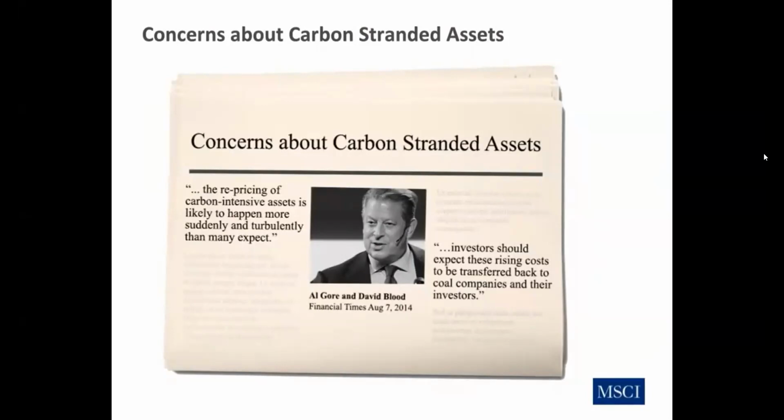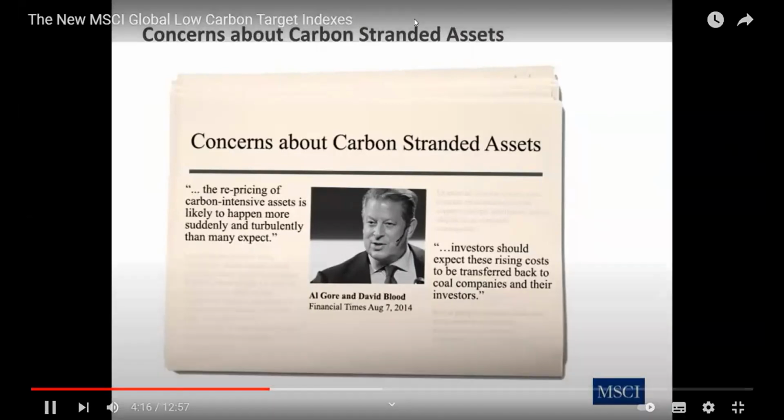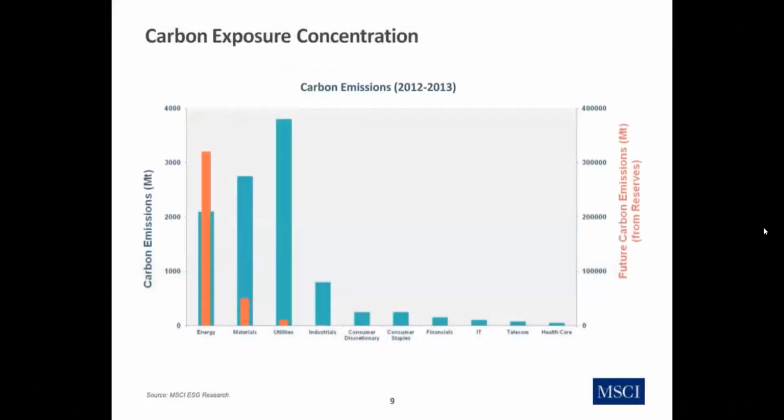Indeed, for these reasons, investors are becoming increasingly concerned about the long-term carbon risk of assets in individual companies, and are seeking solutions to address this risk. It is interesting to note, however, that carbon risk is concentrated in only a few sectors.